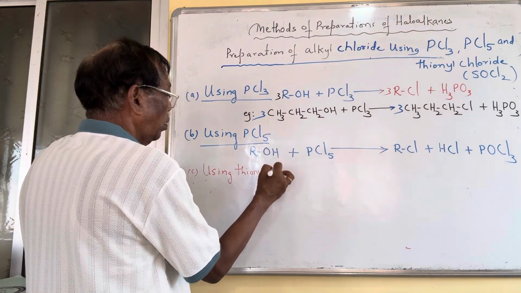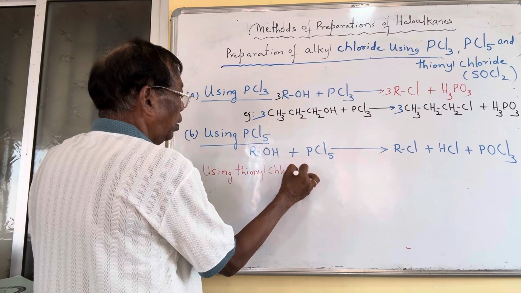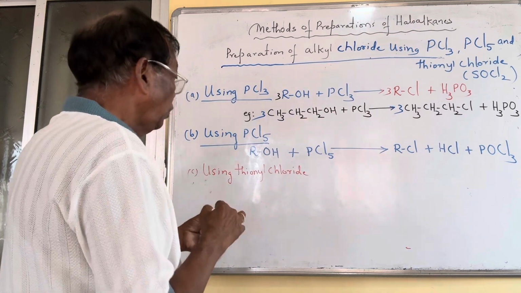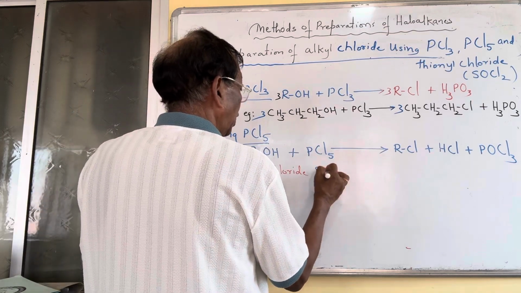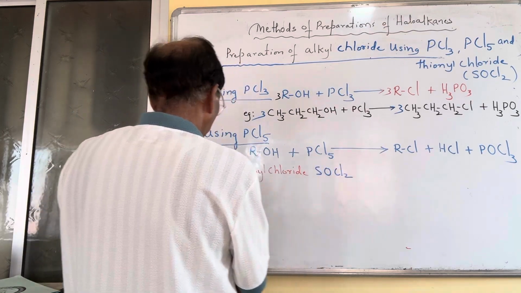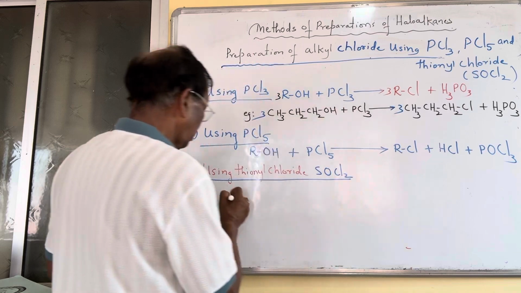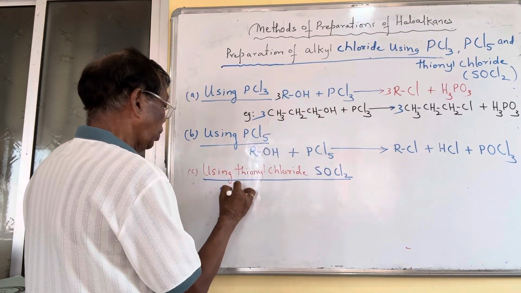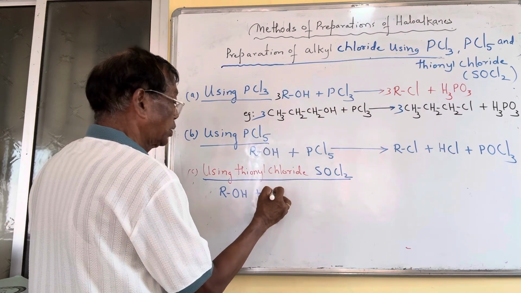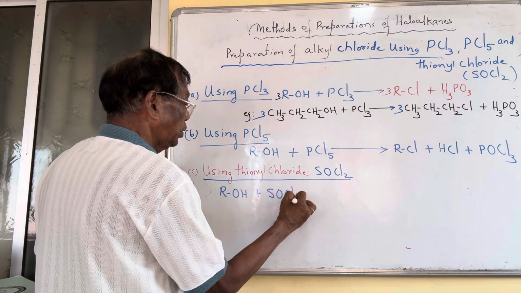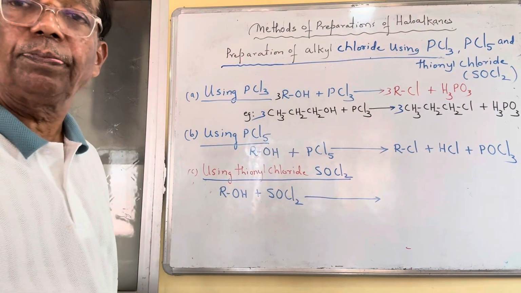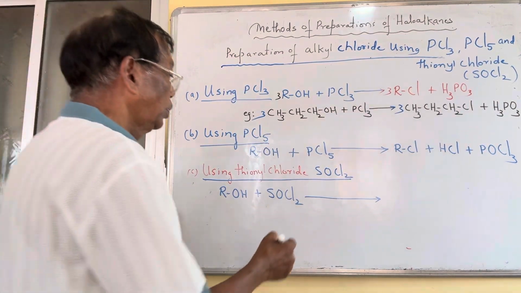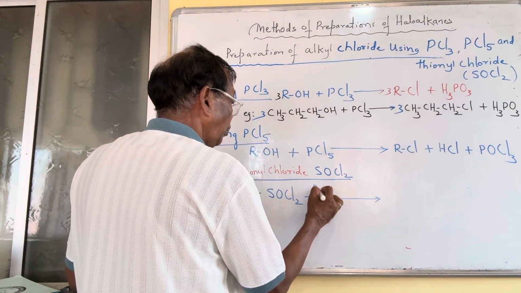Thionyl chloride. Okay, so here if you use SOCl2, what compounds will you get here? ROH plus SOCl2. Now this reaction is carried out mostly in presence of pyridine. So they say pyridine, PY.